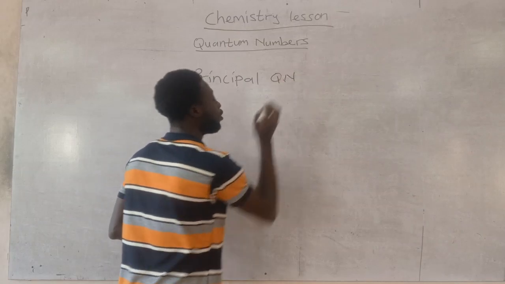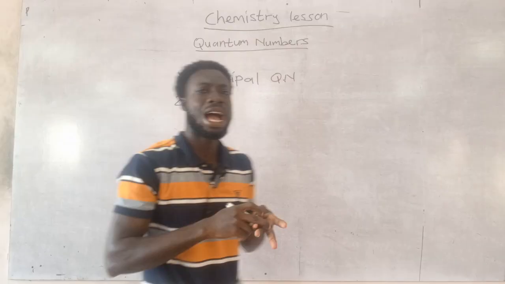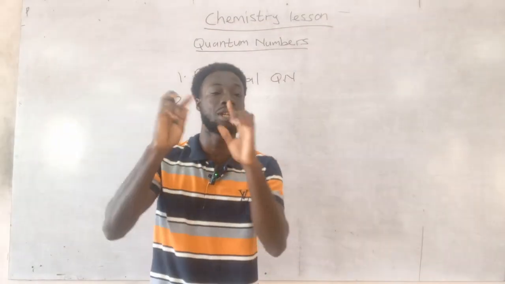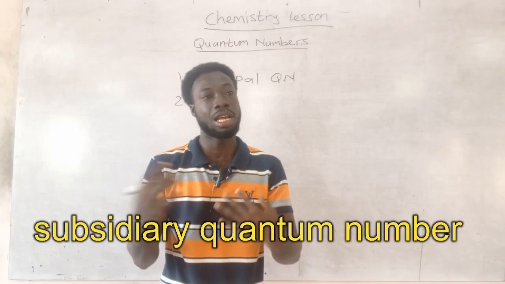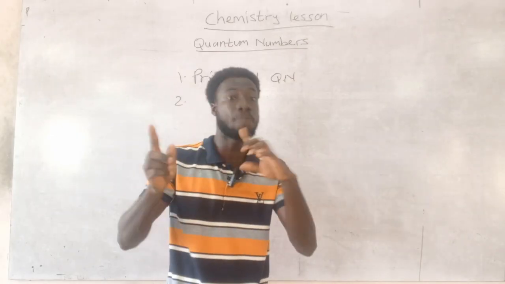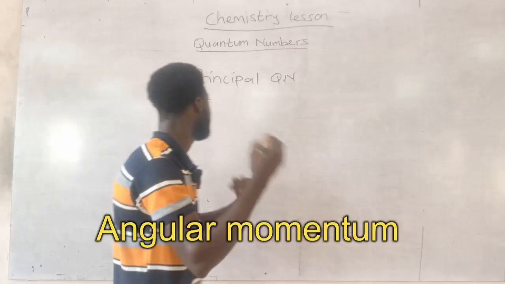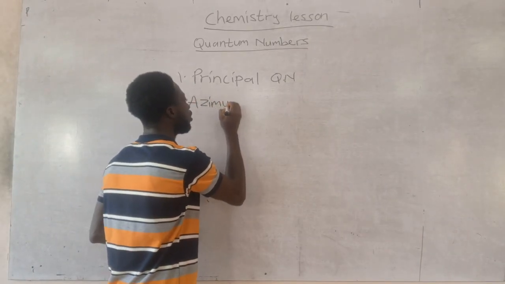I'm using n as the quantum number. And then we have the azimuthal quantum number, or you can call it the subsidiary quantum number, or in another way, you can also call it the angular momentum.